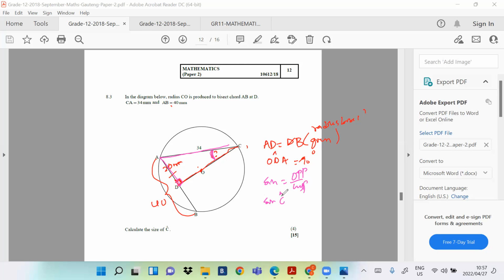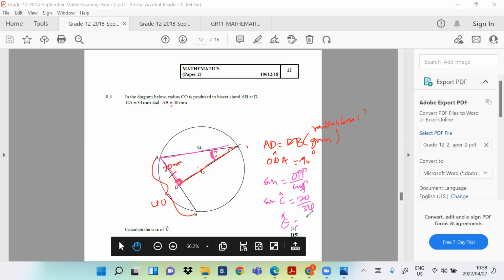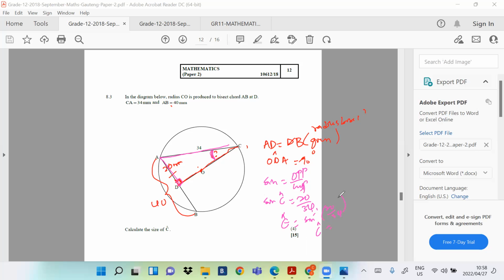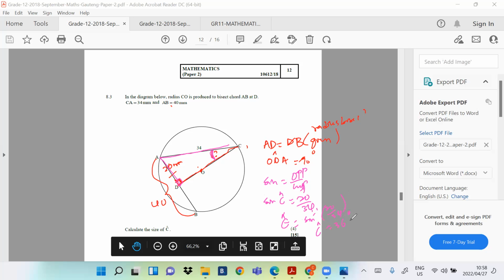So sine C is equal to, our opposite is 20 over 34. Therefore, C will be sine inverse of 20 over 34. Then we get that angle, equals 36.03 degrees.